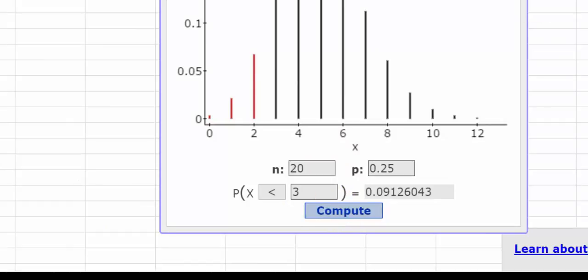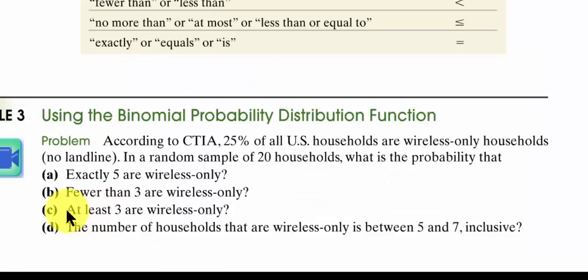Let's take a look at one more problem. If you look at problem C, so problem B says fewer than 3. Problem C says at least 3. Well, if you think about it, if we sum all of the probabilities, we have to arrive at the total of 1.